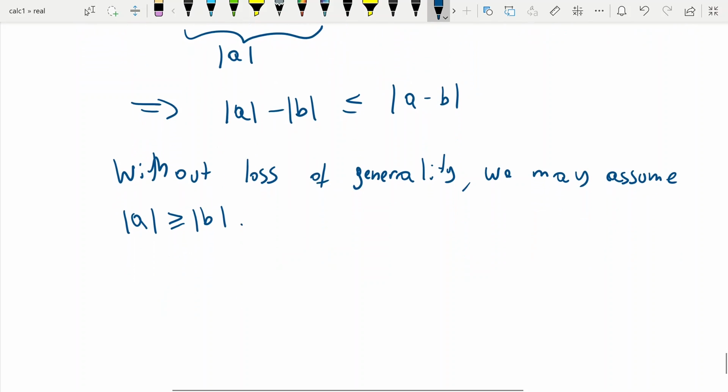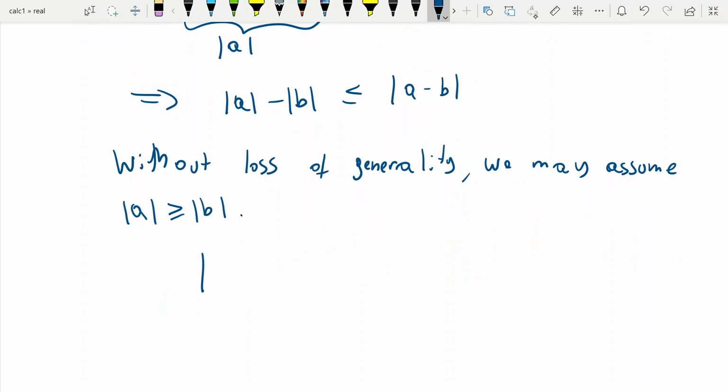And if we do so, if we assume that, then since that is positive, and if you go back to the definition of the absolute value function, then that is exactly the same as the absolute value of the difference, and then you have this inequality. Okay.